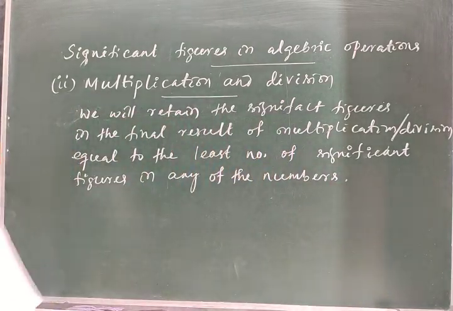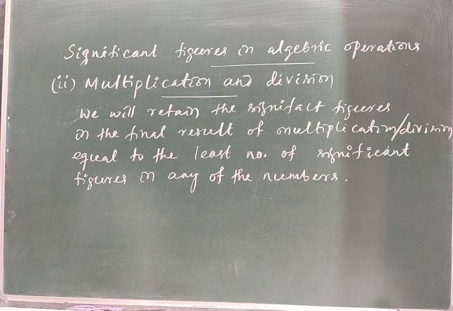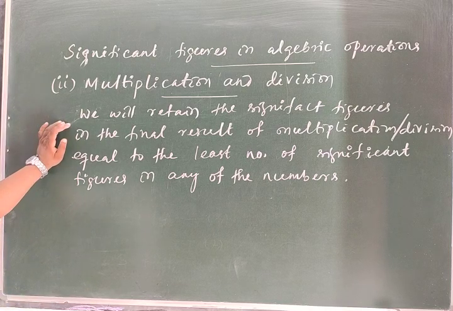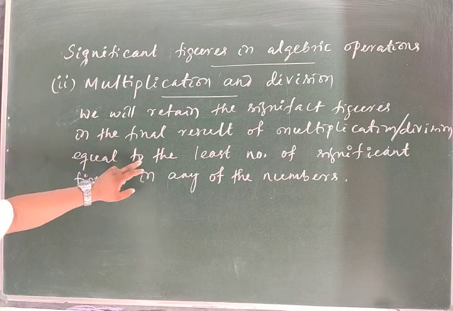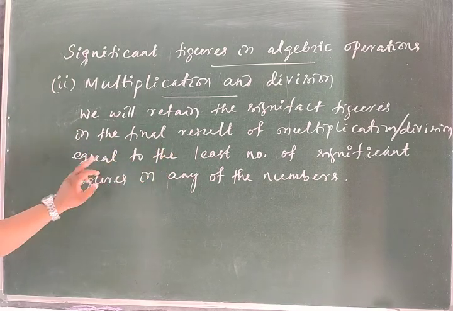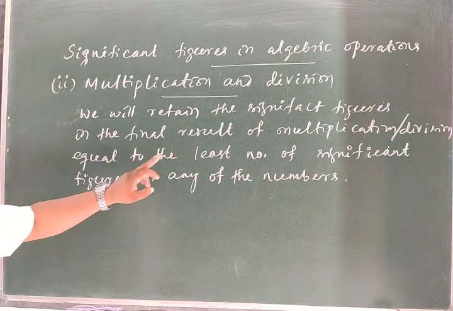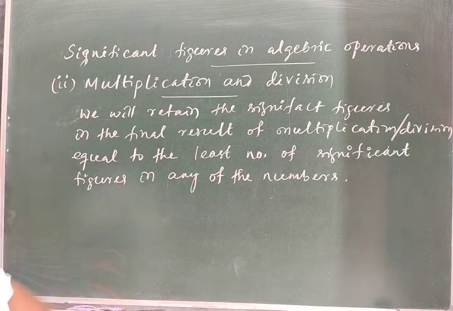Got it? The significant figures retained in the final result of multiplication and division are equal to the least number of significant figures in any of the numbers.